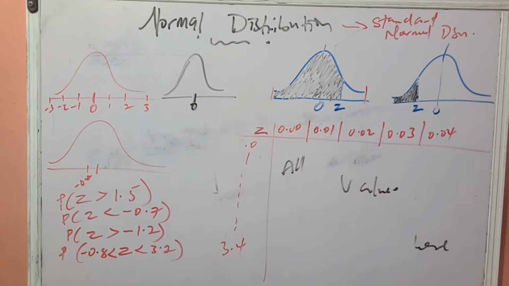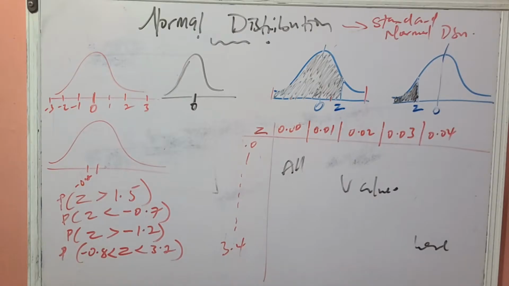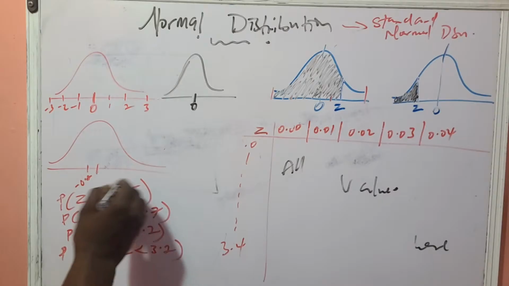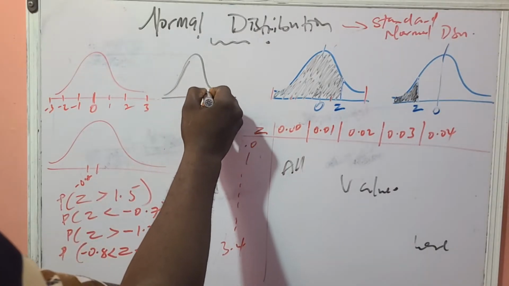So what you want to do next is look at the question you are dealing with. Greater than, number one. If I said 1.5, first of all, identify 1.5. If I'm dealing with 0 here, probably 1.5 will be around here.